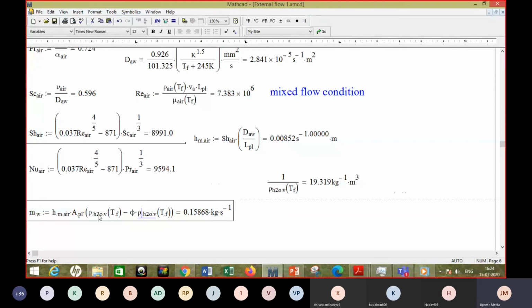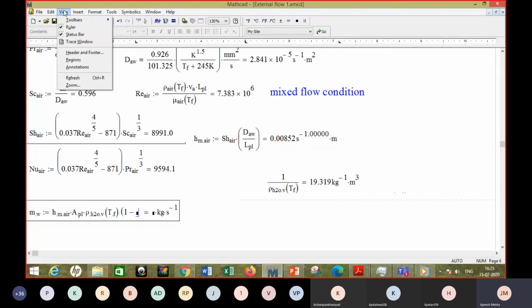That is, actually you can take this density as common and just write this as the multiplication as 1 minus phi, right?